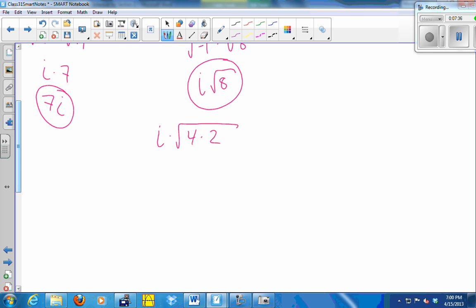And then that's i times the square root of 4 times the square root of 2. And then you can take the square root of 4. So this would be 2i square root 2. Sometimes it's handy to be able to simplify a radical like that. It's sort of not the focus of the class, but it is something you should be able to do.